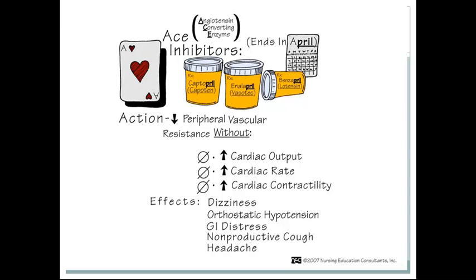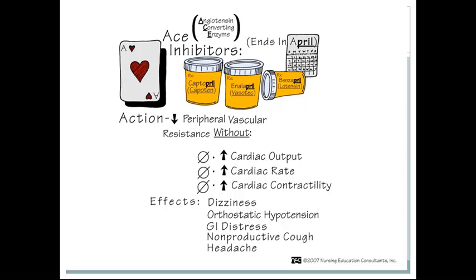Examples of this medication, the most commonly prescribed out of this class, is lisinopril. You will also sometimes see captopril, enalapril, or benazepril. Anything that ends in pril is an ACE inhibitor. Common side effects are dizziness, orthostatic hypotension, GI distress, non-productive cough, and headaches.